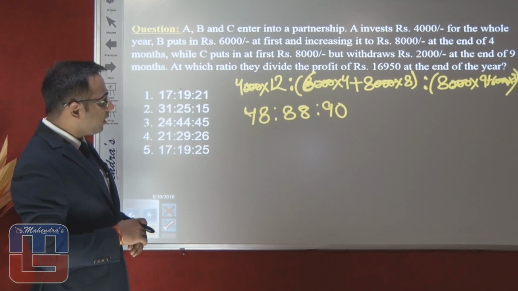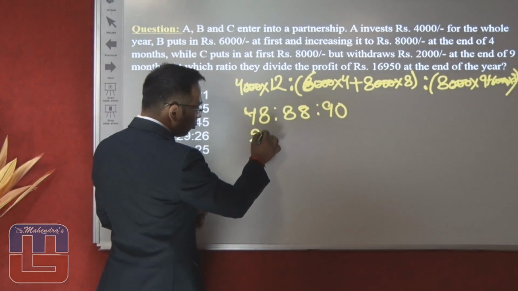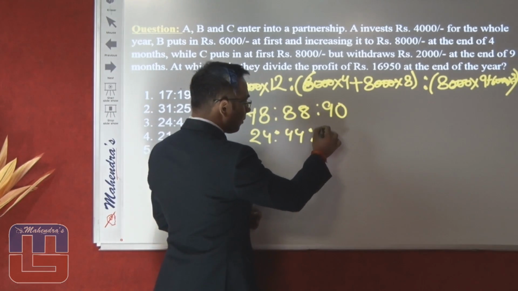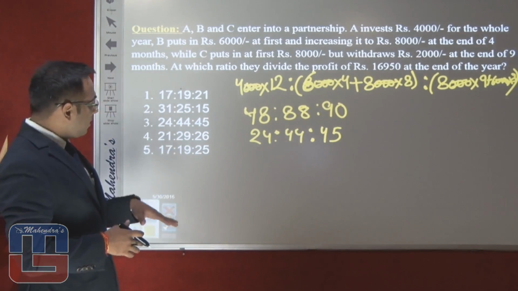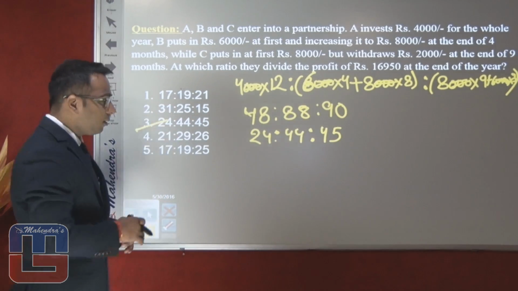Now we can divide the whole equation by 2. 24, 44, 45. So the answer will be 24, 44 and 45, which is option third.